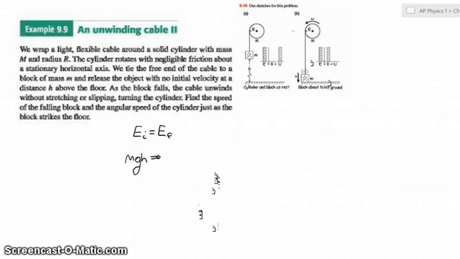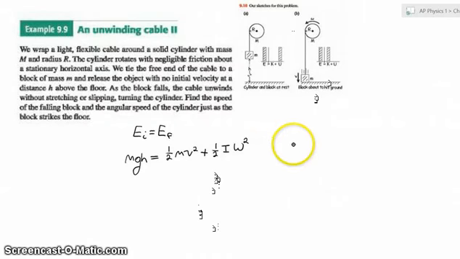And the final energy is all kinetic. Since the block is just about to hit the ground, the block's going to have 1/2 mass times its velocity squared. But the pulley, because it has mass, is also going to have energy related to its rotation, and that's going to be 1/2 the moment of inertia times its angular velocity squared. There's a couple of things that we can use to simplify this equation further.